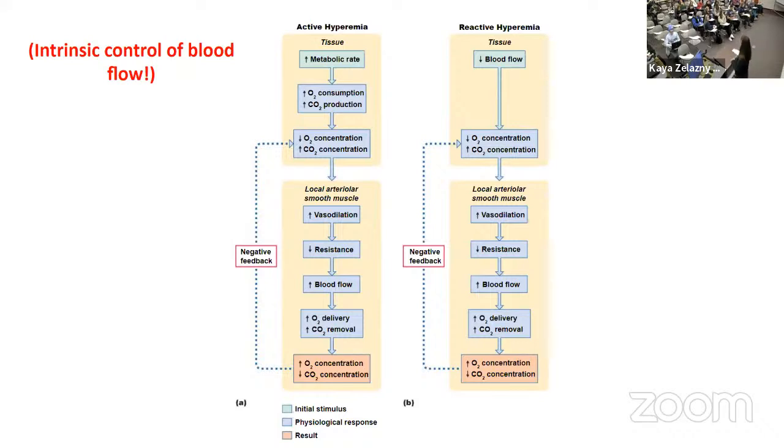We'd have a similar depletion of oxygen, buildup of CO2, and your blood vessels would react similarly once there's a release of that pressure, that blockage, whatever cut off blood flow. You'd similarly see your body try and make up for it by rushing more blood to that area. So those were two of our types of intrinsic control of blood flow that we talked about on Wednesday.